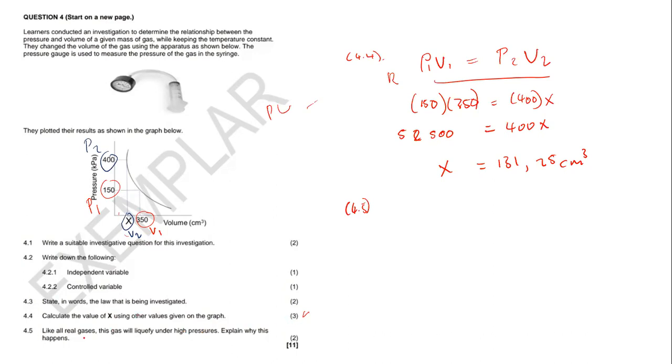But now, here they say, like all real gases. We have the real gases, and we have the perfect gases, which are also called ideal gases. If a gas is perfect, the molecules are perfectly scattered, far apart from one another, and there is no intermolecular force at all.